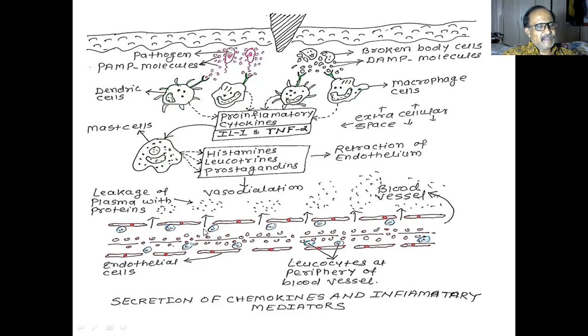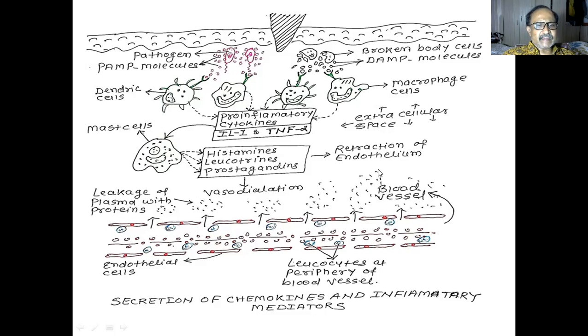Then due to dilation of these blood vessels, some plasma fluids and plasma proteins leak into the extracellular fluid. A gap is created here. Due to vasodilation, there is retraction of endothelium.